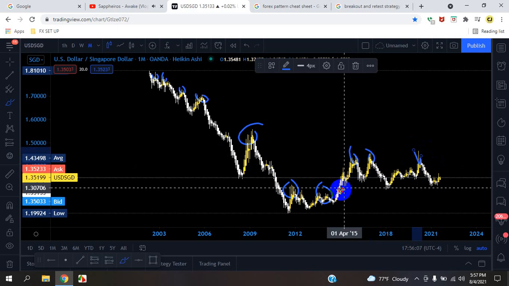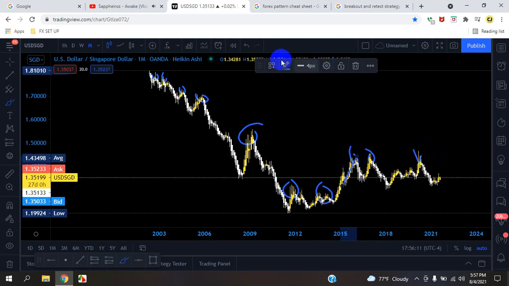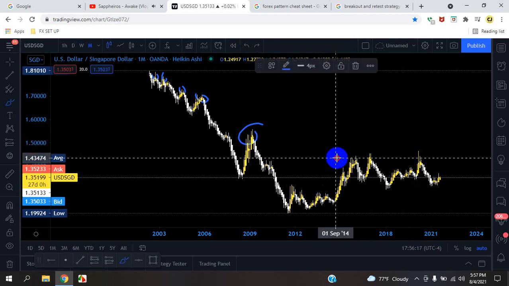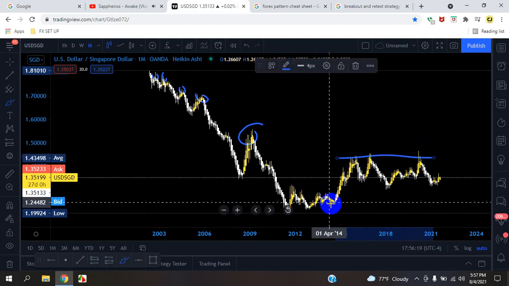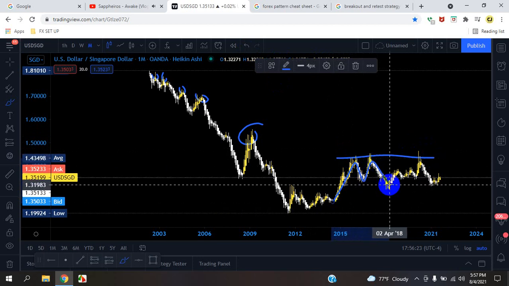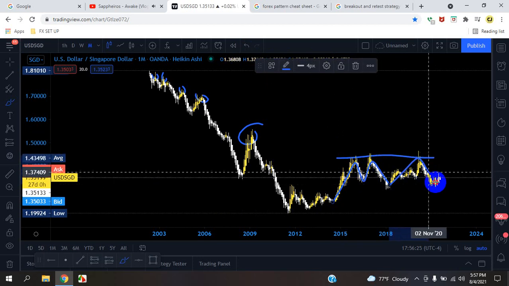So with all these wicks coming up, that's basically the market having trouble breaking to go to the next area. So if you think about a resistance line being here, the market came up once, came back down, came up twice, came back down, came back again for a retest, came back down.